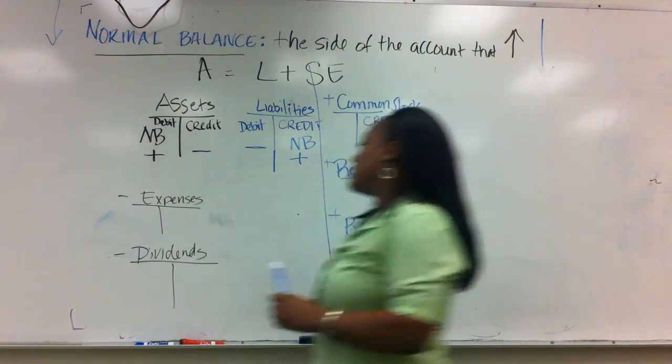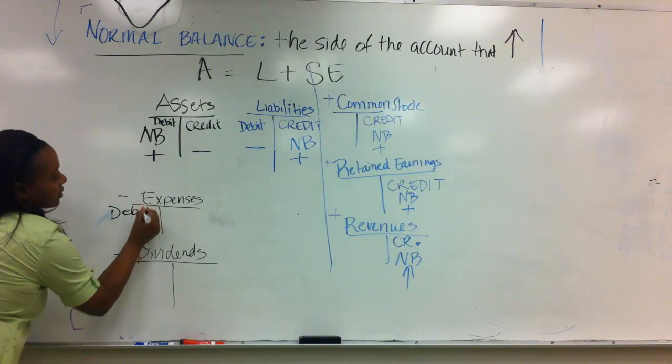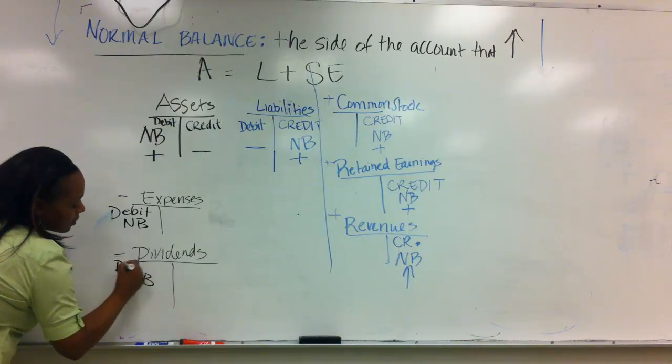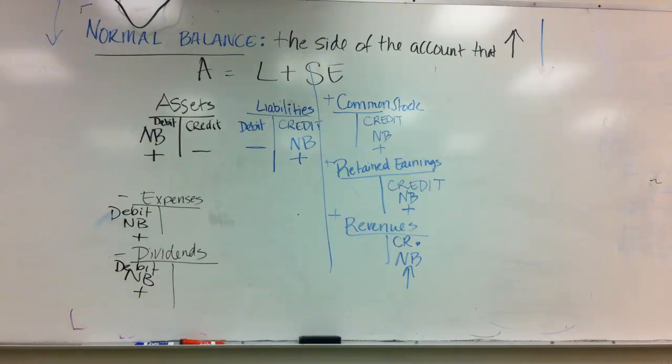On the expenses and the dividends, normal balance will be on the debit side. They will both increase on the debit side.